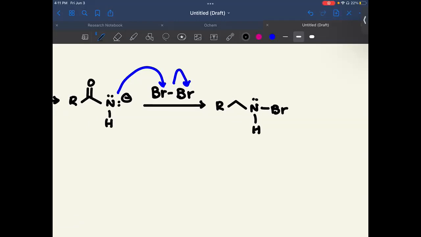And then the next part is we are again going to react it with this hydroxide ion, OH. And as OH usually does, it attacks this hydrogen, which then kicks up there.